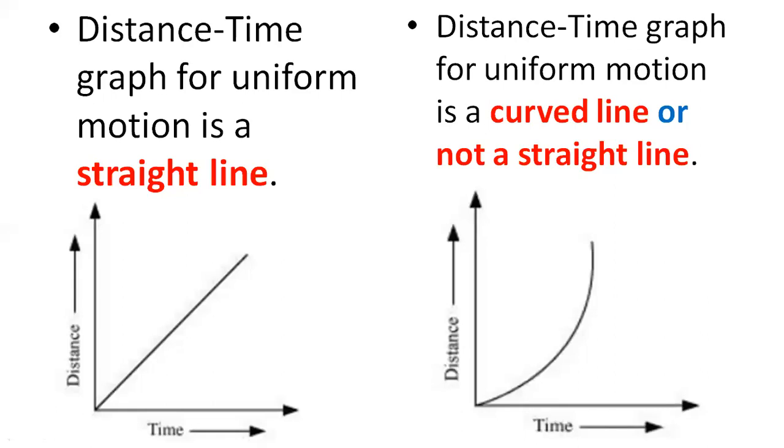Once you are done, let me know. You just have to draw these graphs and mention that for uniform motion we get a straight line, and for non-uniform we get a curved or not a straight line. Very simple. Even a kid from 7th or 8th grade can do it.